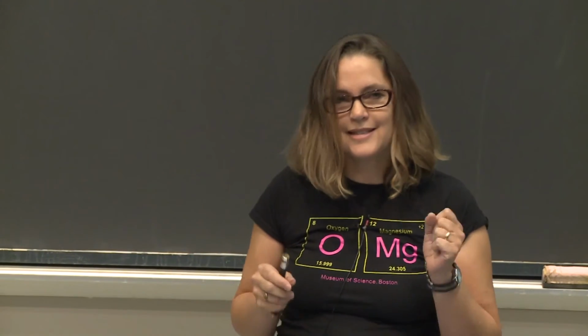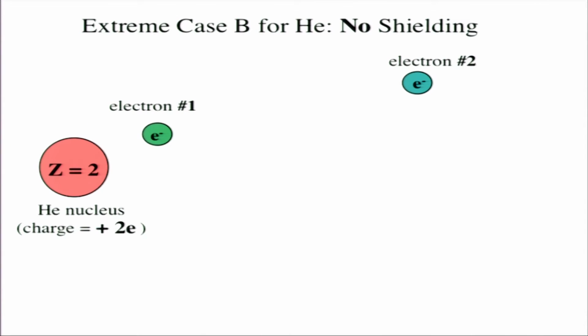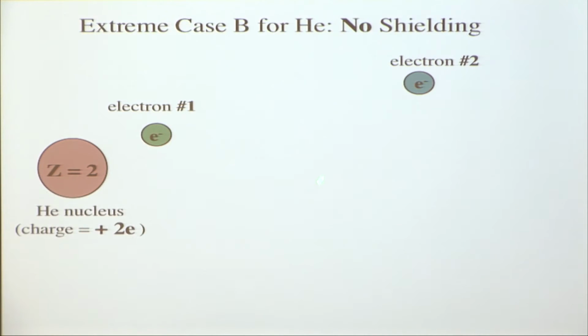So now let's go to the other extreme and consider zero shielding, no shielding at all. So here we have the helium nucleus. Electron 1 is now close, and electron 2 is pretty far away. So again, we're asking how much is electron 1 going to be shielded by electron 2?